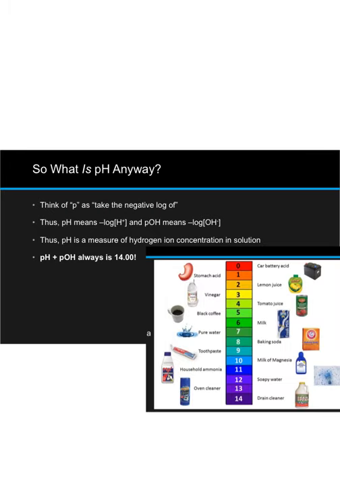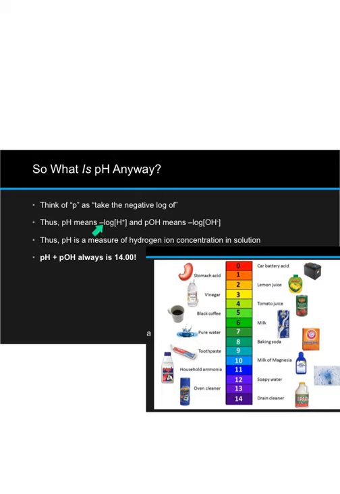For acids, like we saw on the pH scale on the previous slide, a low pH corresponds to a large amount of H plus cations in solution. Why is this? Well, if the H plus concentration is very large, then the log of that large number is itself big.